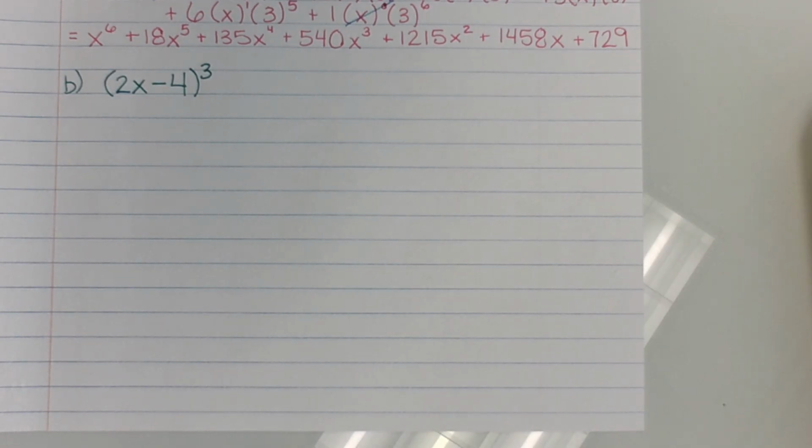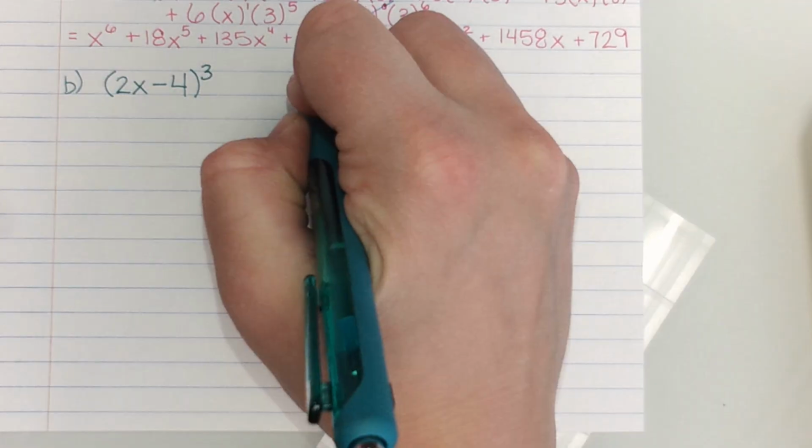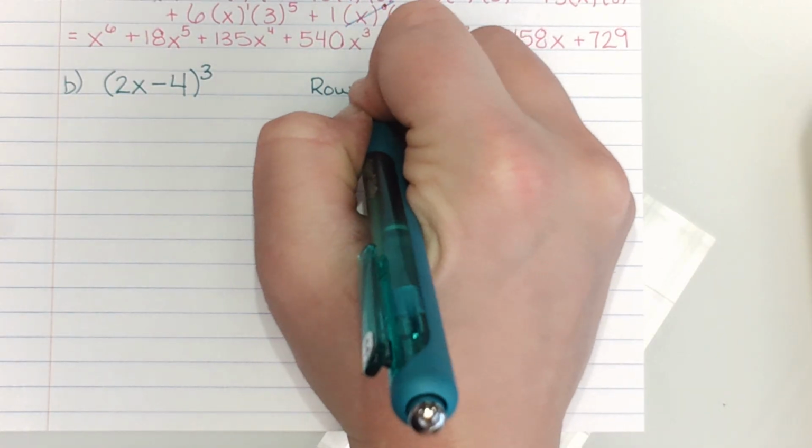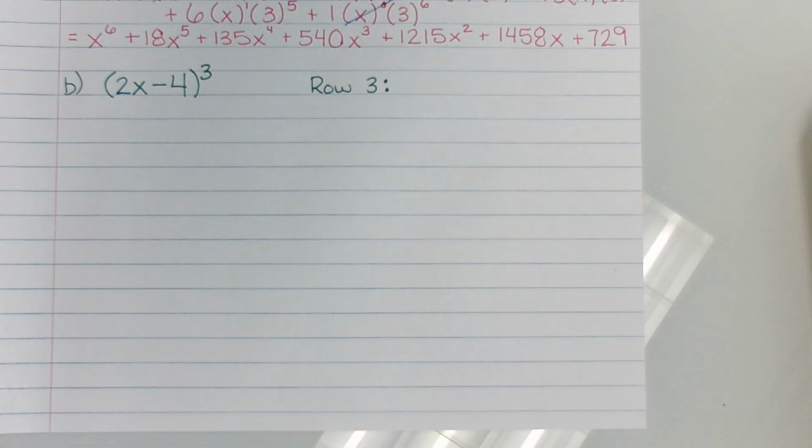I know I'm going to use Pascal's triangle because I have a binomial to a power. Carly, which row of Pascal's triangle am I looking at? Kylie, Greener. What numbers are in the third row of Pascal's triangle?